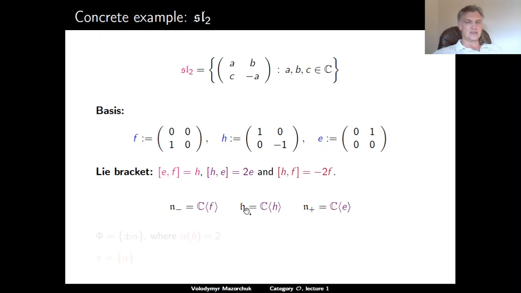So the Cartan subalgebra is spanned by H, the positive nilpotent subalgebra is spanned by E, and the negative nilpotent subalgebra is spanned by F. The root system consists of 2 roots, plus and minus alpha, where the evaluation of alpha at H is equal to 2, and alpha gives the natural basis of this root system.